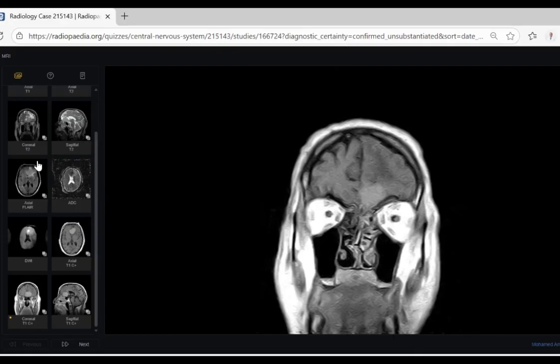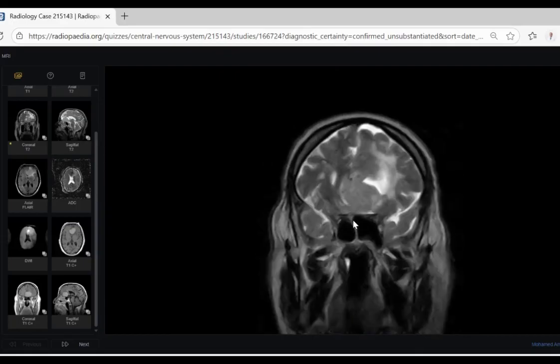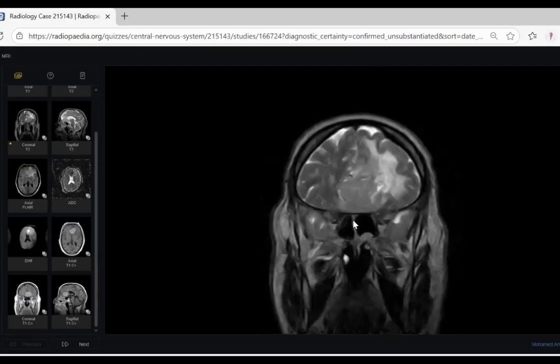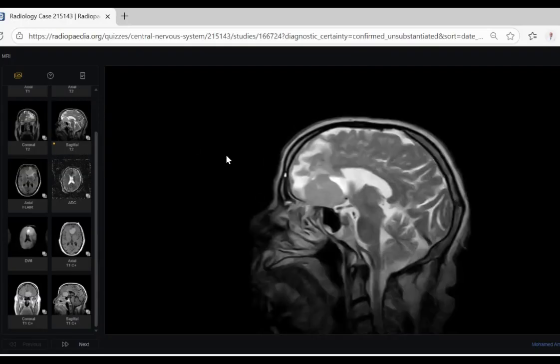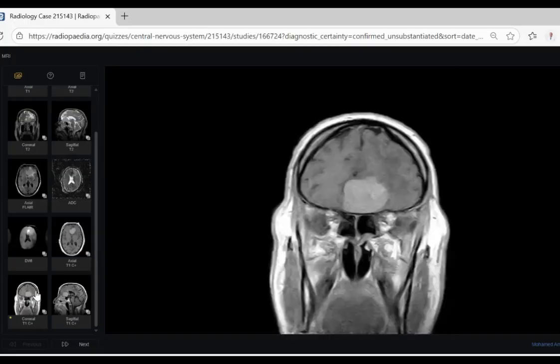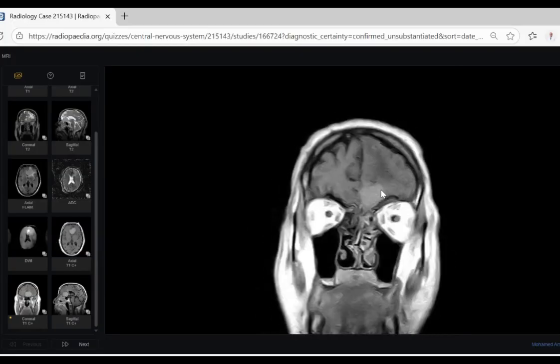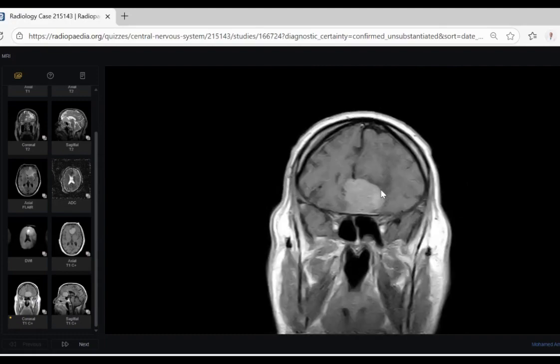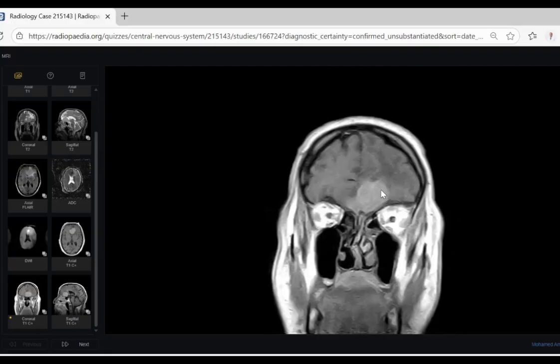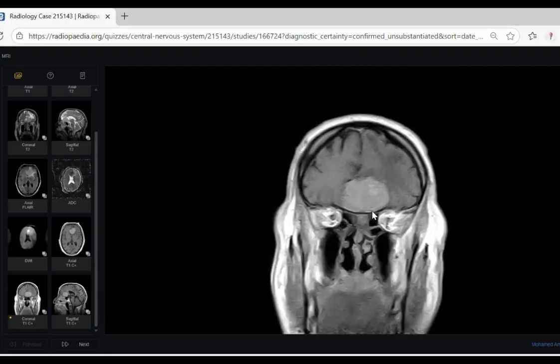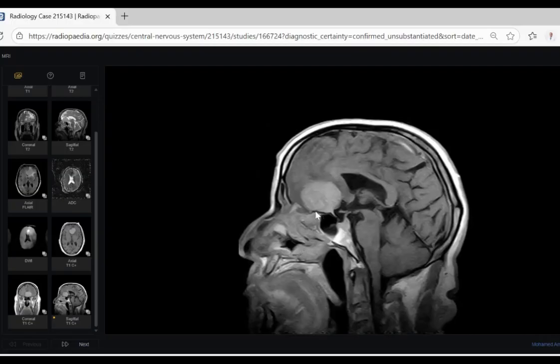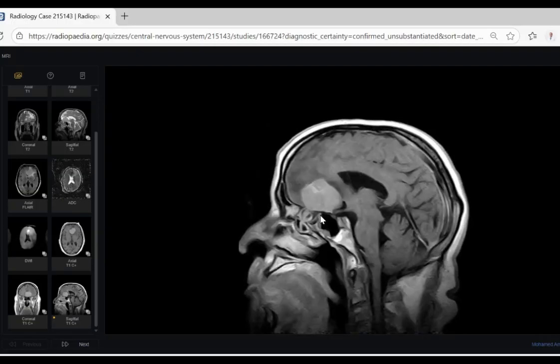For example, in this case, if you told the examiner this is a midline extra-axial lesion based on the floor of the anterior frontal fossa, inclined more to the left, he will be very happy. This is not a big deal whether it is parafalcine, or originates from the olfactory groove, or from the posterior part, the planum sphenoidale.